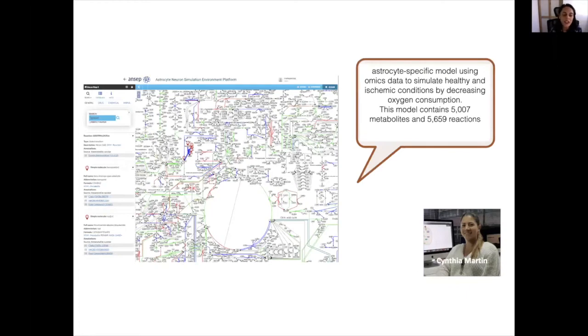So we reconstructed the astrocyte-specific model using omics data to simulate normal, healthy, and ischemic conditions by decreasing oxygen consumption. This model contains 5,000 metabolites and 5,600 reactions, which are found in 8 cellular compartments.